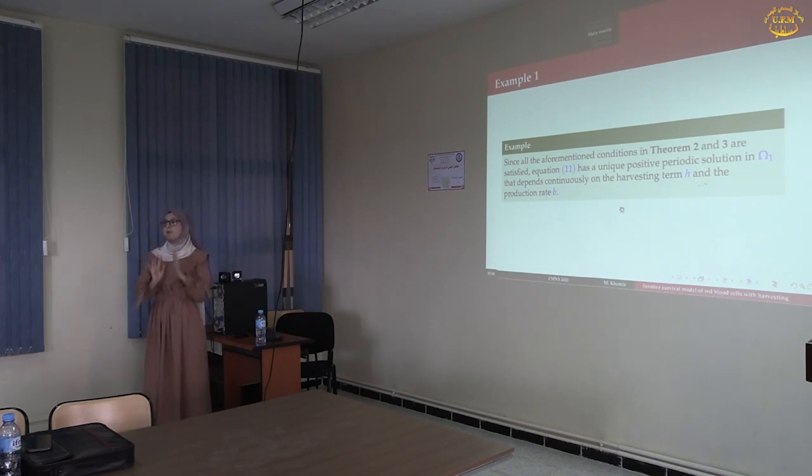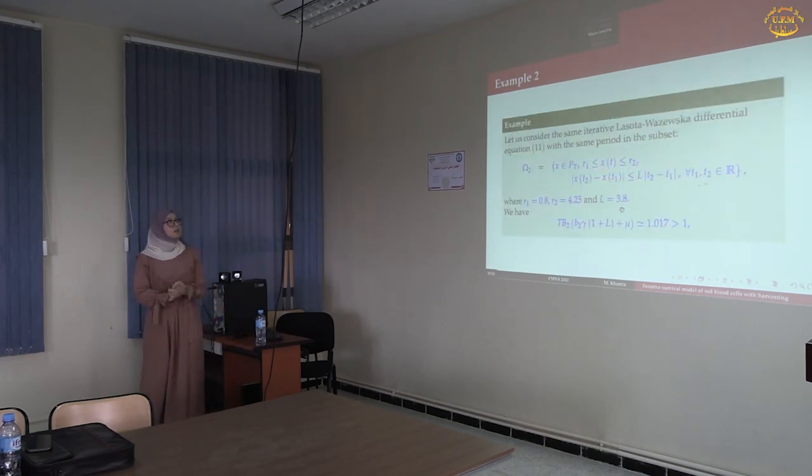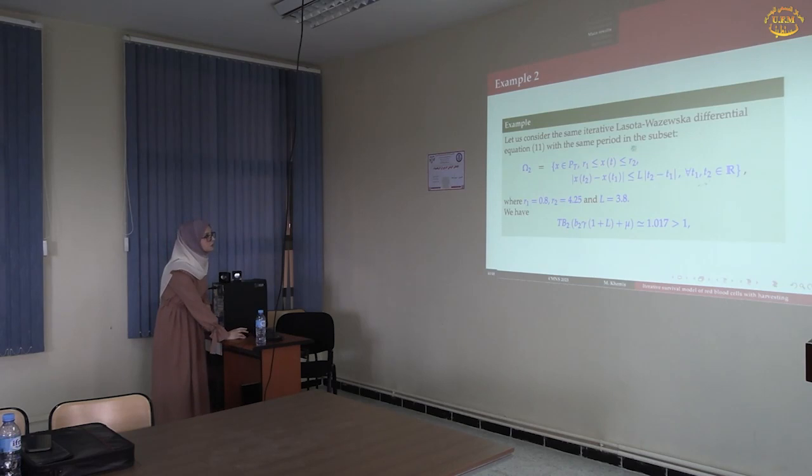The next example highlights the power of the existence theorem to establish an existence result even when the Banach fixed point theorem cannot be applied. For this, let's consider the same iterative differential equation of the previous example with the same period, but in this new subset omega 2.